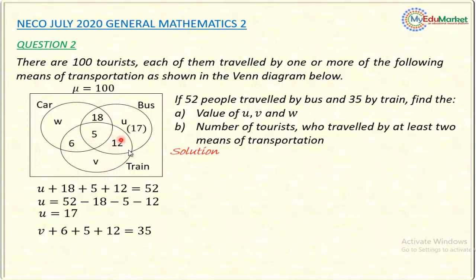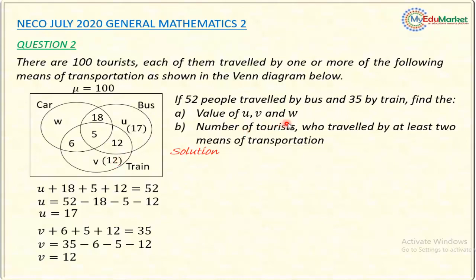The result must be equal to 35 because the question says 35 traveled by train. So I continue simplifying this so that I will get my V. So V will now be equal to 35 subtract 6 subtract 5 and subtract 12. So the result after subtracting these three values from 35 gives V as 12. So those that traveled by train only, they are now 12 in number.